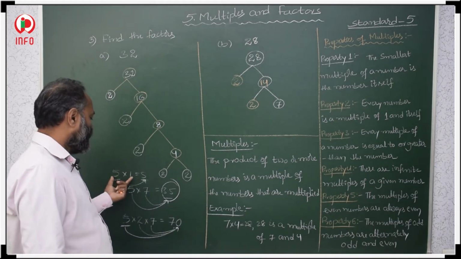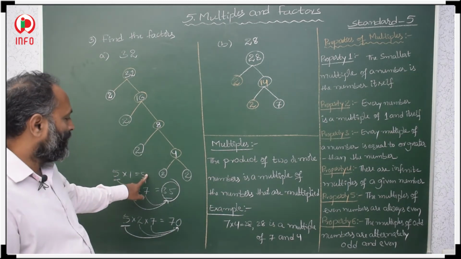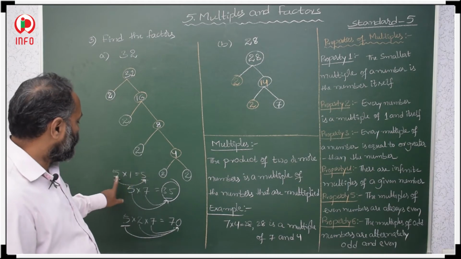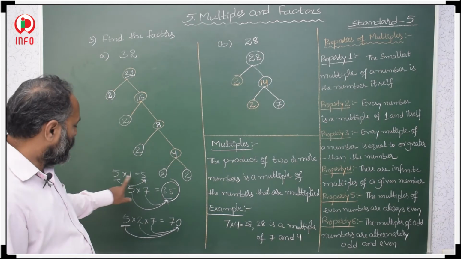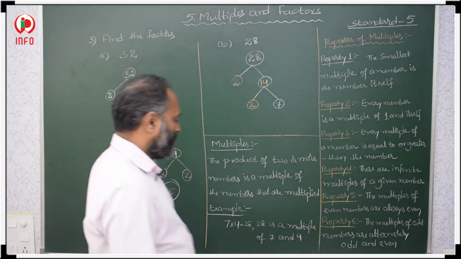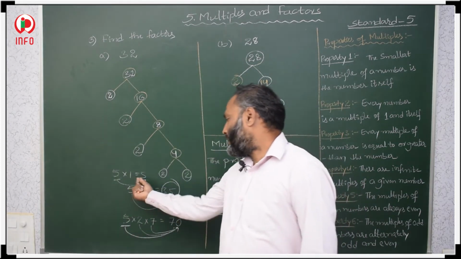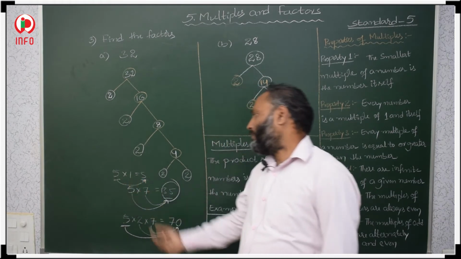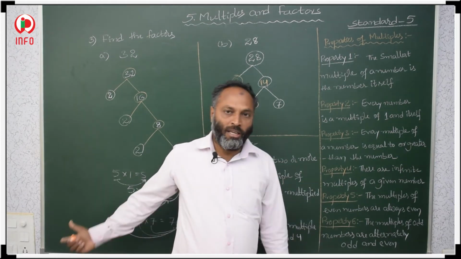So these two, 5 and 1, are the multiples of this 5. The number and 1 are multiples here.